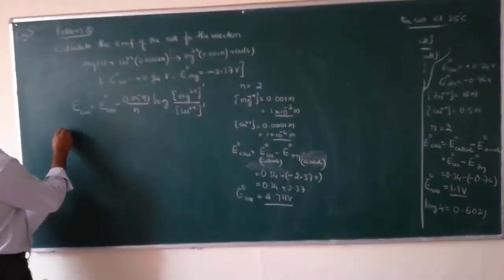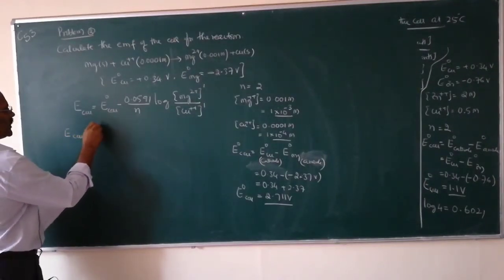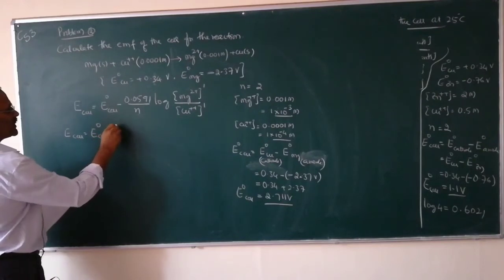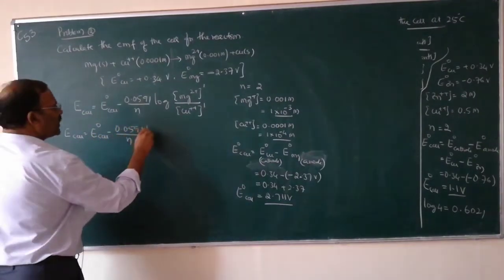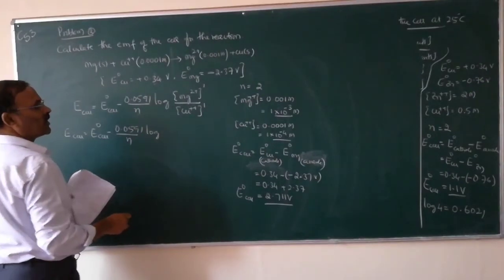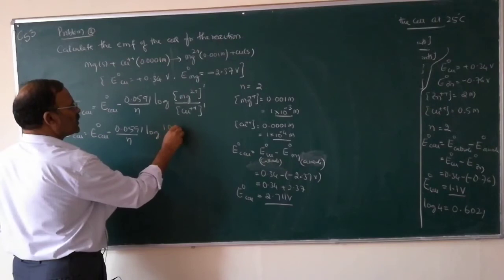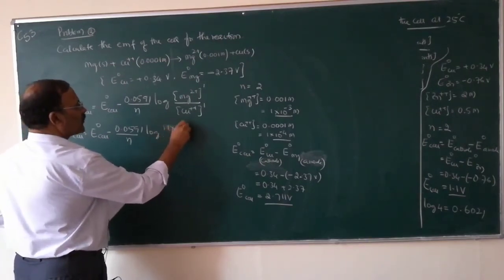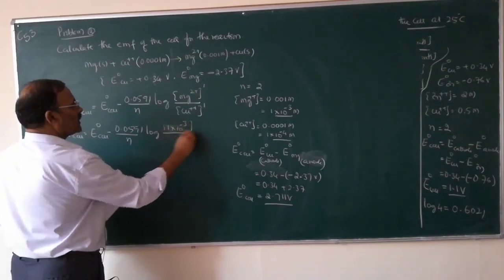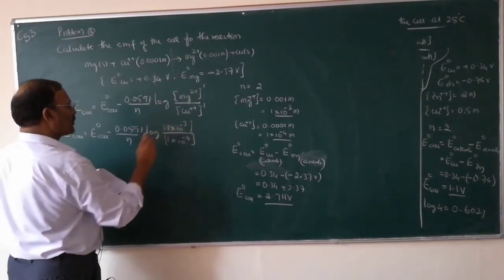So then E cell is equal to E naught cell minus 0.0591 divided by N, log of concentration of Mg2+, that is 1 into 10 to the power of minus 3, divided by 1 into 10 to the power of minus 4.